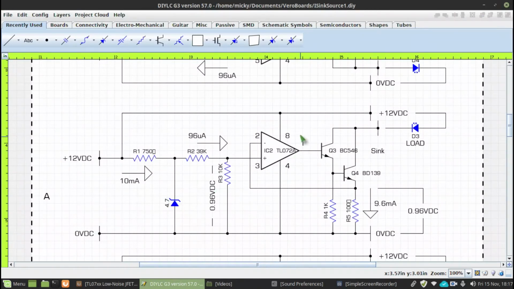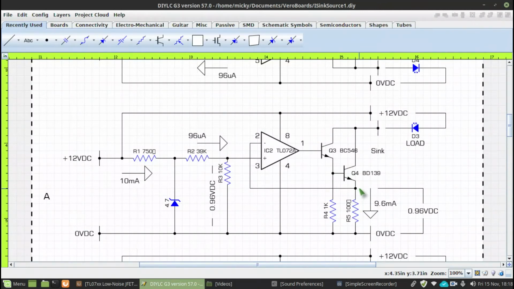The op-amp itself, back to op-amps, is configured in a unity gain. So the voltage here, which is 0.96 volts DC, will be reflected directly on its output, and its output goes through Q3, comes out of the emitter of Q3 and into Q4, and comes out at Q4 across R5.